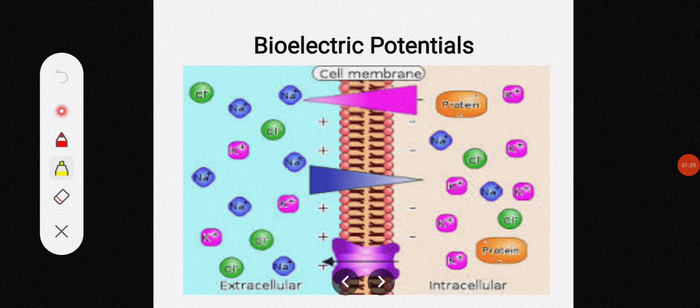For example, the cells might be nerve cells, or they might be muscle cells. Because of the electrochemical activity of these special types of cells, ionic voltages or ionic potentials get developed across the cell, and these ionic potentials are bioelectric potentials. Again I am repeating: suppose in the nervous system we have nerve cells.